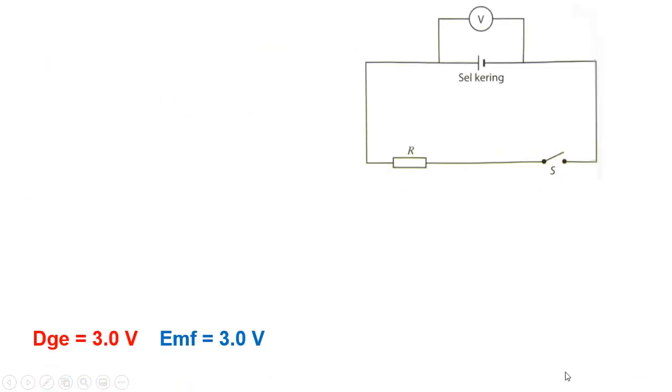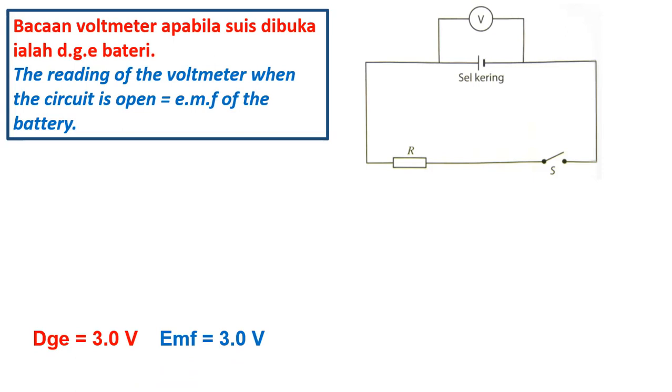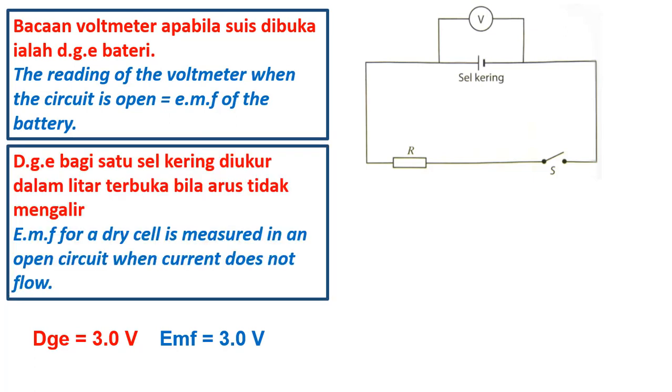Okay, again, we look back. EMF is 3.0 volt. So the reading of the voltmeter when the circuit is open equals the EMF of the battery. EMF of a battery cell is measured in an open circuit when current does not flow. Okay, remember, this is the situation when the switch is off.